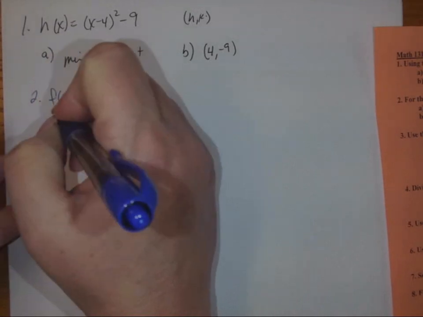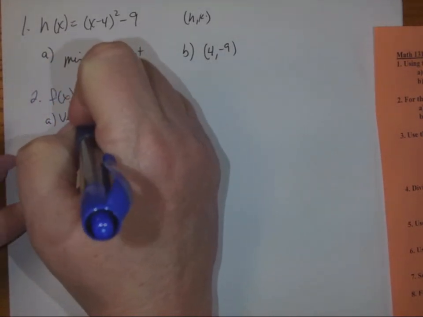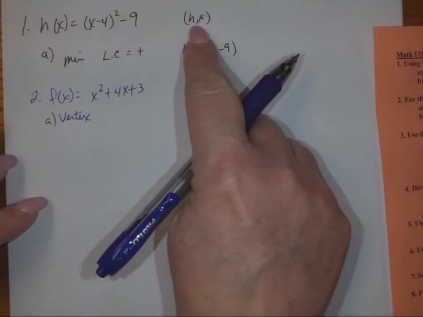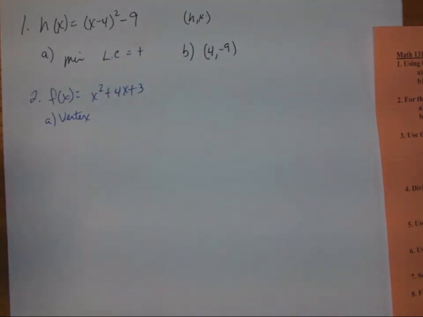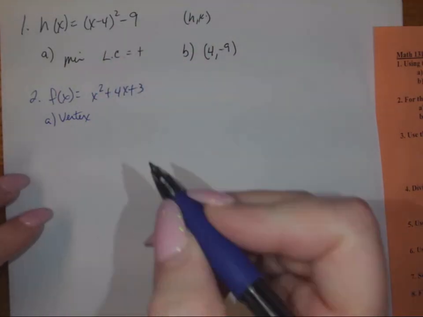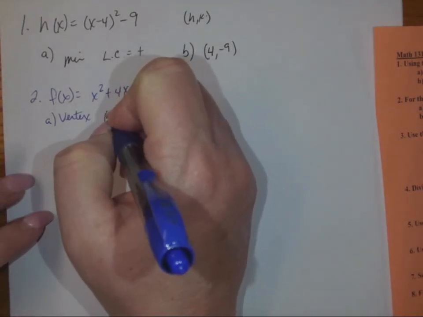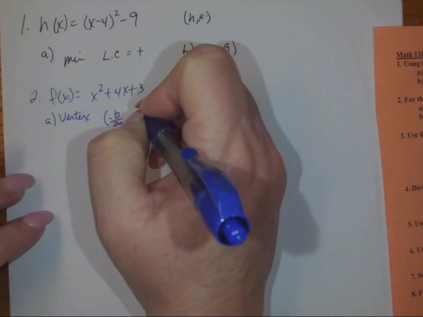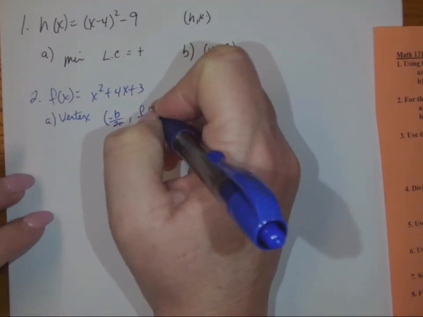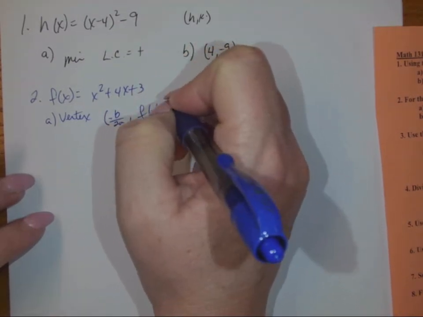So the first part we need to find is our vertex. This is a different vertex from the one up here in that format. With this vertex, we are looking at negative b over 2a, and then the function at negative b over 2a.